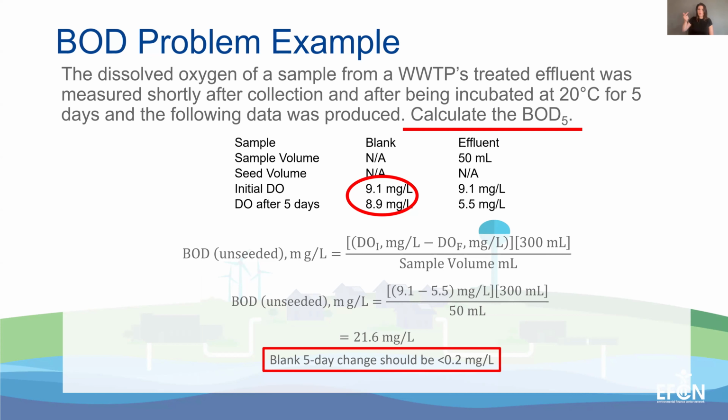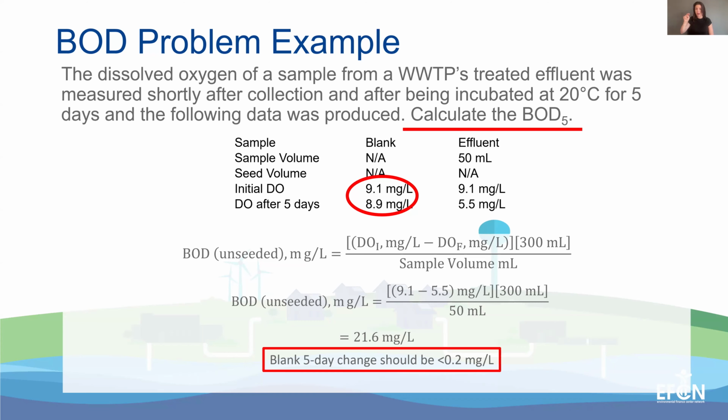This would just be cross-contamination or bacteria that was in the environment, in the air, that made its way in, or organics that were just part of the wastewater blank. If it exceeds 0.2 milligrams per liter, that shows that there's more cross-contamination. So that's how we calculate the BOD for an unseeded sample.